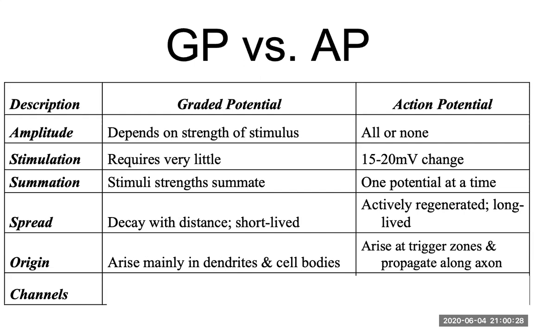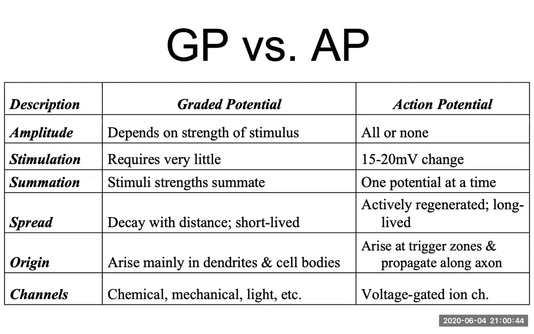The origin of a graded potential arises in dendrites and cell bodies, again, because the purpose of it is to trigger an action potential in the axon hillock, and an action potential arises at trigger zones and propagates down along an axon. Graded potentials can use chemical, mechanical, or light channels, whereas an action potential uses those voltage-gated ion channels, specifically sodium and potassium.